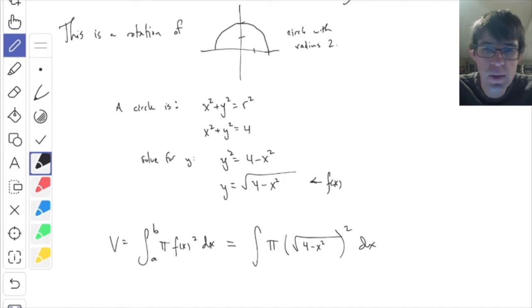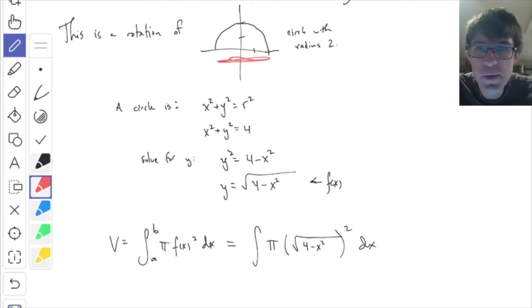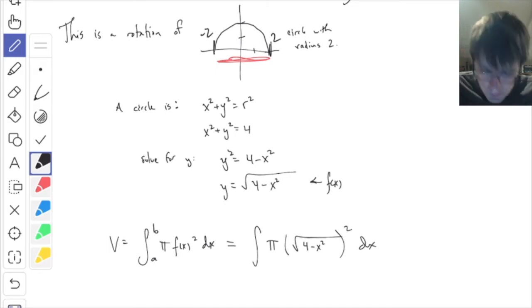What do you think? The range of x values this way. Yeah, did someone say something? Sorry. Minus 2 and 2. Yeah, minus 2 to 2, right? That's just because our circle is radius 2. The range of x values is going to be minus 2 to 2. Excellent. So I put them in there.